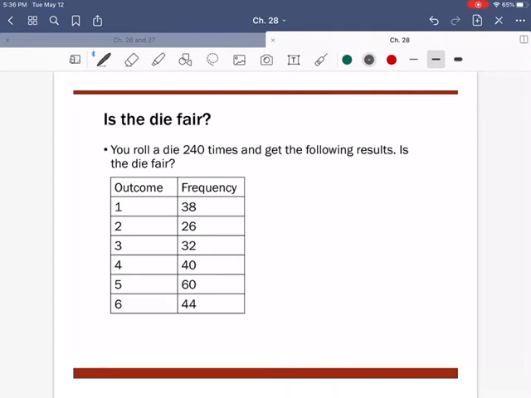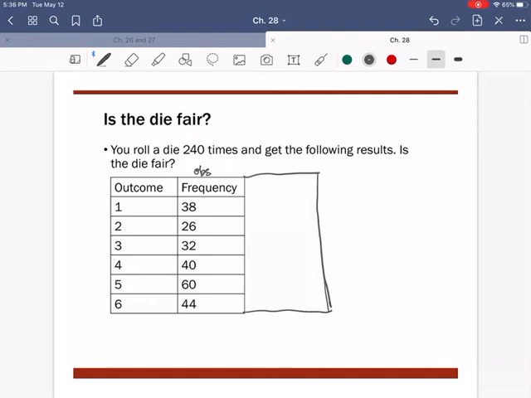Okay, this one, is the die fair? So on a die, remember there's outcomes 1, 2, 3, 4, 5, 6. If it's fair, you should get an equal amount of each of those numbers. So this is what we observed. When we tossed the die 240 times, we observed each of these outcomes.